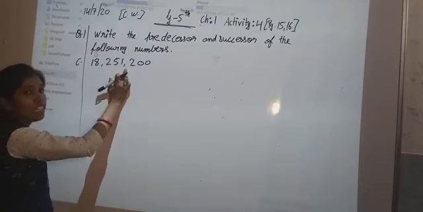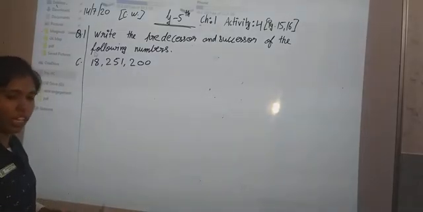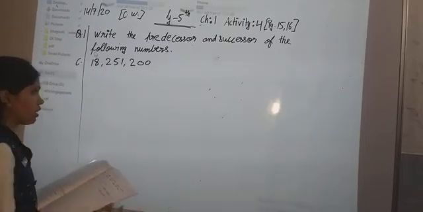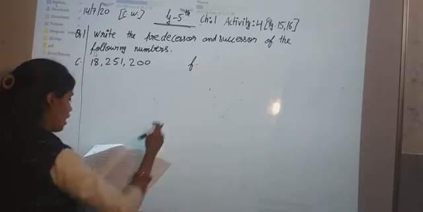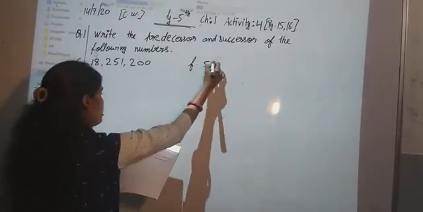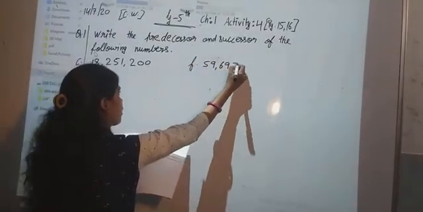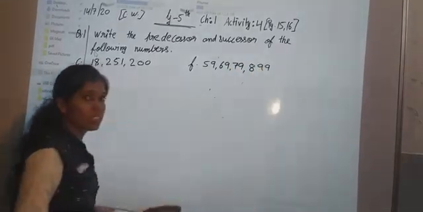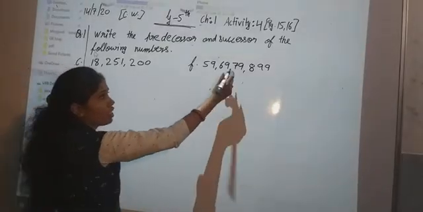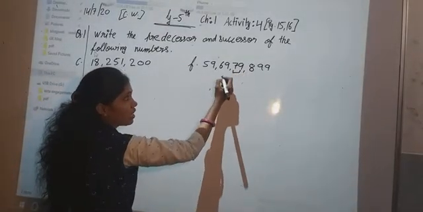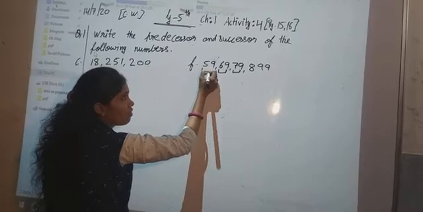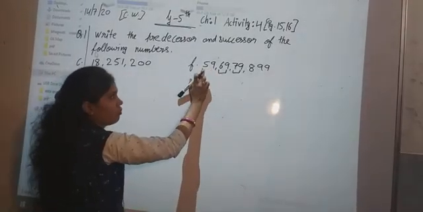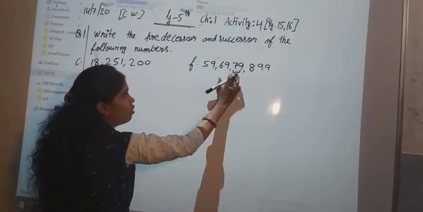This is the international place value. Now the next number is question F: 59, 69, 79 or 899. This is an Indian place value because we have 2 digits after 100. This is the Indian place value system.